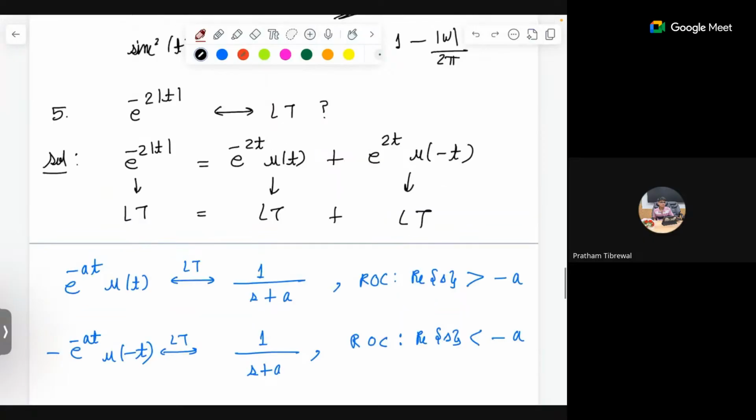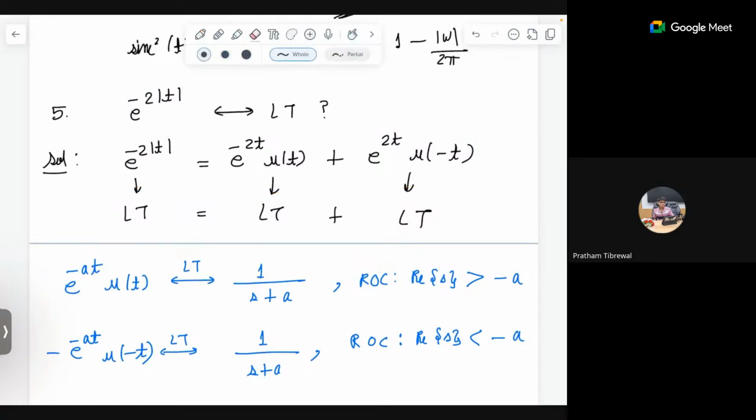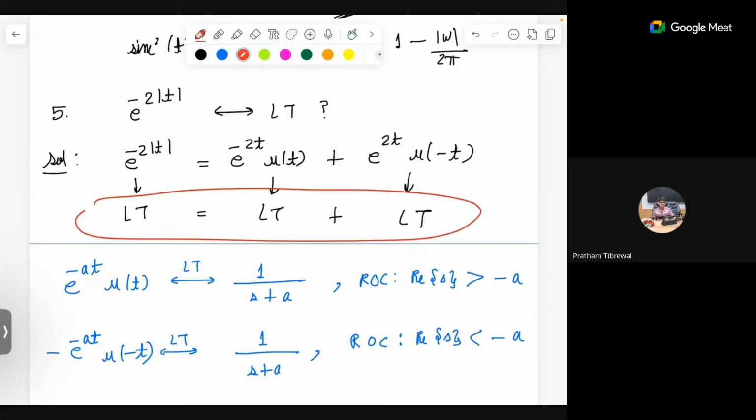So we had this signal e raised to the power of minus 2 mod t. We broke it down in terms of u of t and u of minus t, for t greater than 0 and less than 0. And by the linearity property of the Laplace transform, the Laplace transform of this is equal to the Laplace transform of this plus this.